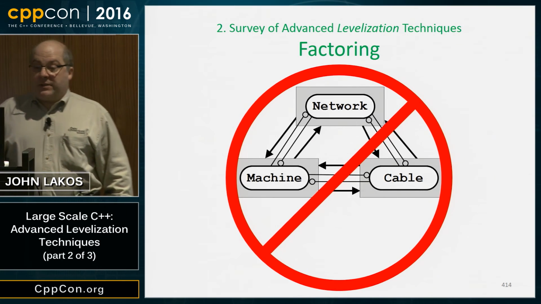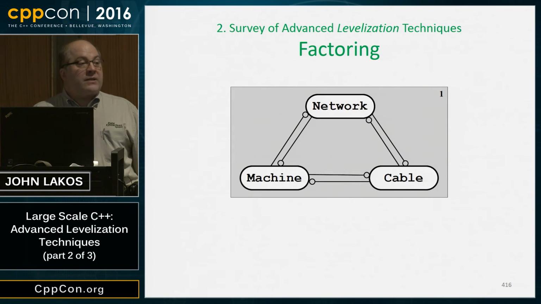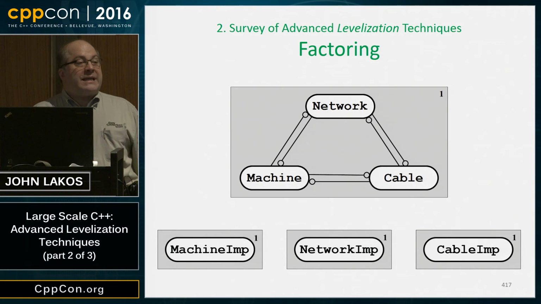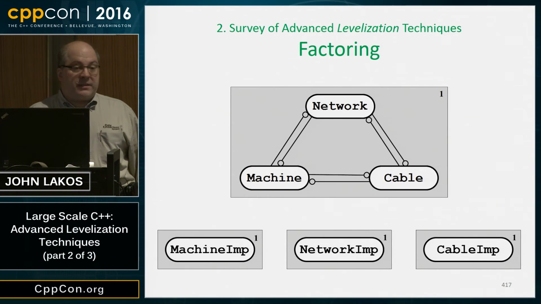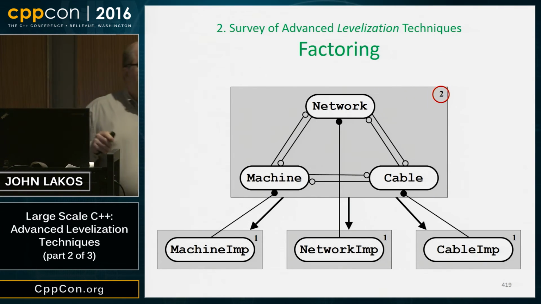So what you can do is treat this as one component, and then factor out the independently implementable subfunctionality into 3 separate components. This is often possible if you work hard enough, and you can test those things independently. Of course, this goes to level 2 now. But then, once you've done that, what happens to the higher level component?